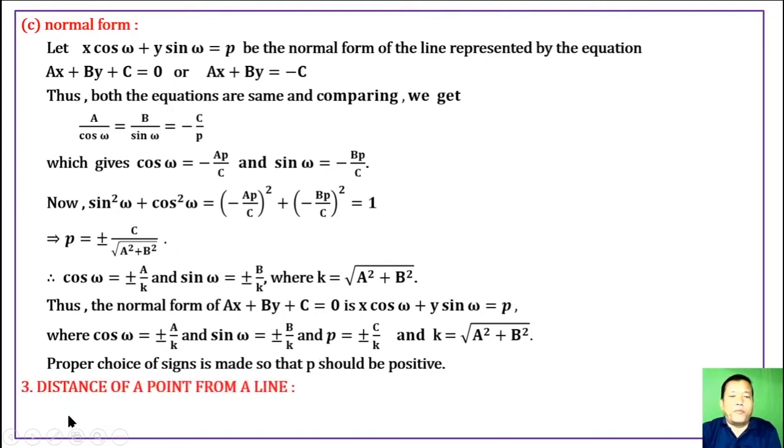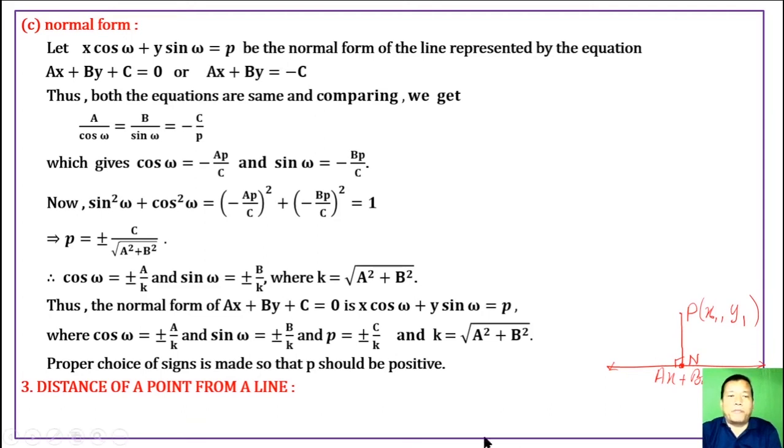Distance of a point from a line. Suppose this is a straight line whose equation is ax plus by plus c equal to 0, and P has coordinates x1, y1. We have to find out its perpendicular distance. Suppose PN, the foot is N, this perpendicular.